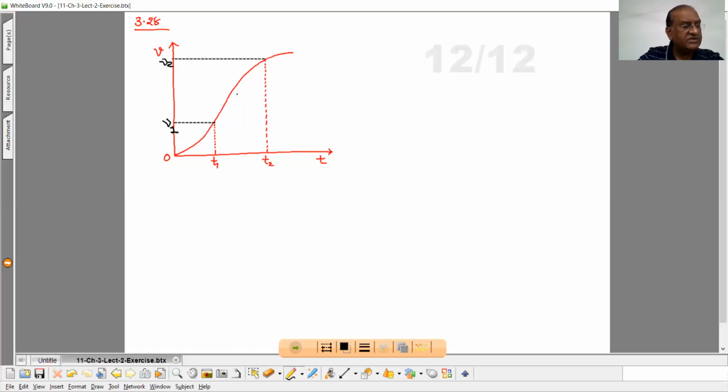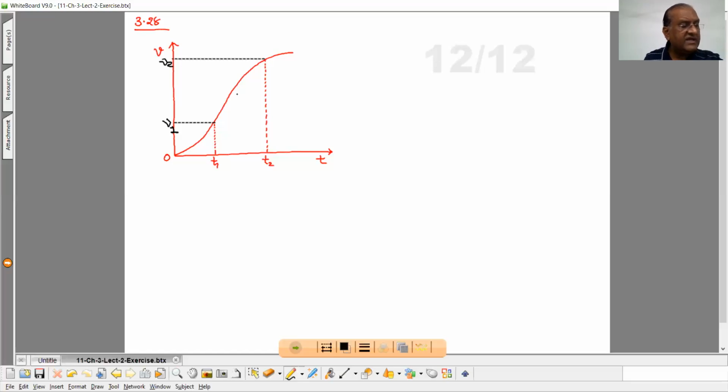Okay, so this equation is not correct for describing this motion. B, v at t2 equal to v at t1 plus a into t2 minus t1. Again the same reason. In this interval acceleration is not constant, so this one is not suitable to explain this motion.